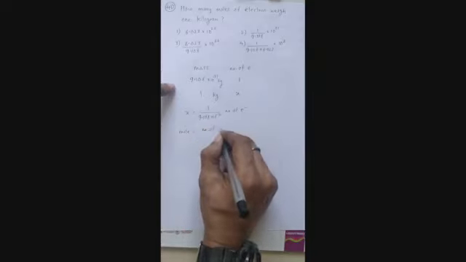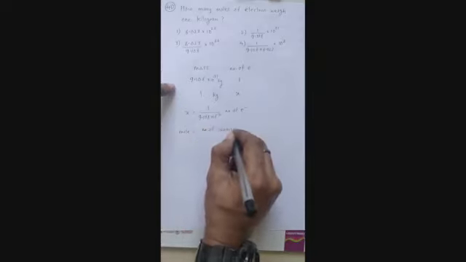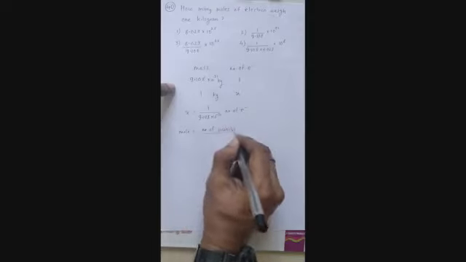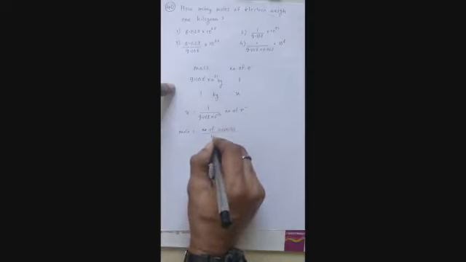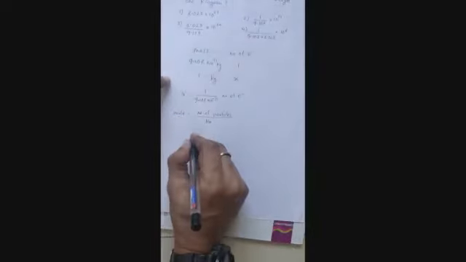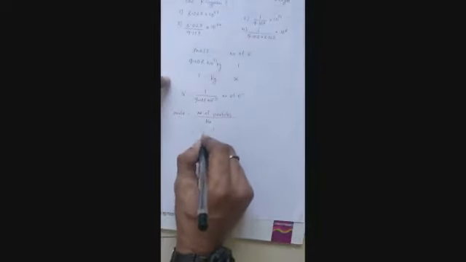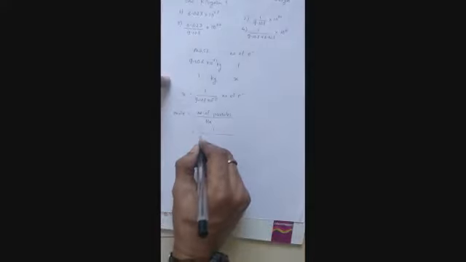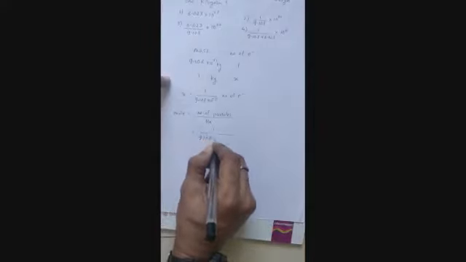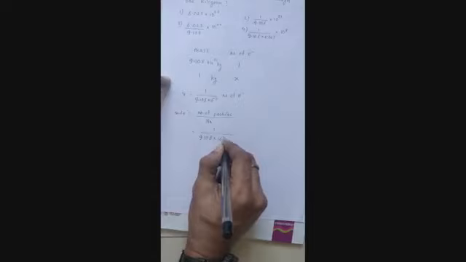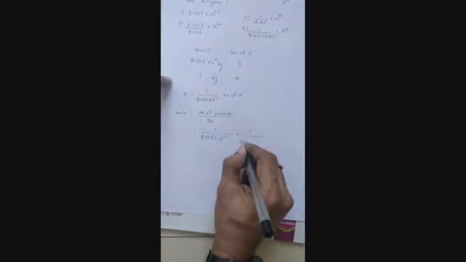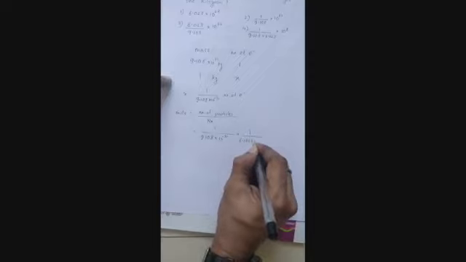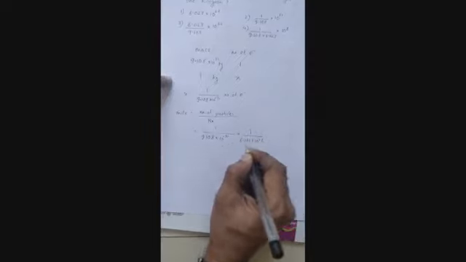like here the electron, upon Avogadro's number, that is Na. So this everything divided by Na. Your answer should be 1 upon 9.108 into 10 raised to minus 31 divided by this 6.023 into 10 raised to 23.